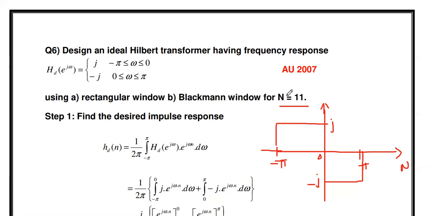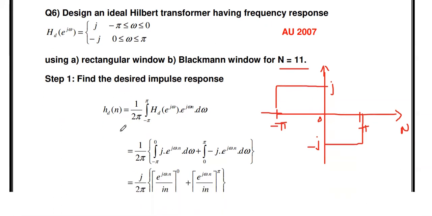The third step is to multiply the desired impulse response with the windowing sequence, and we get the filter coefficient h of n. After calculating h of n, if we take the Z transform, we get the transfer function. That is the design.